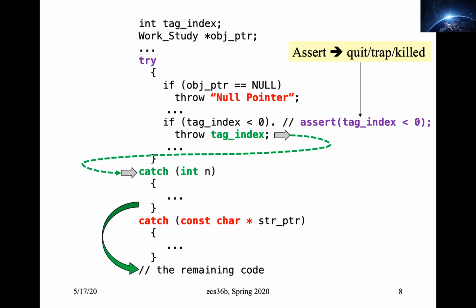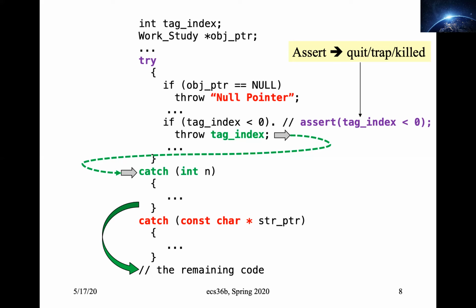Assert is also a command that lets you check whether a condition is true. The difference between assertion and exception handling is that exception handling just detects a condition and passes control to a block of code.